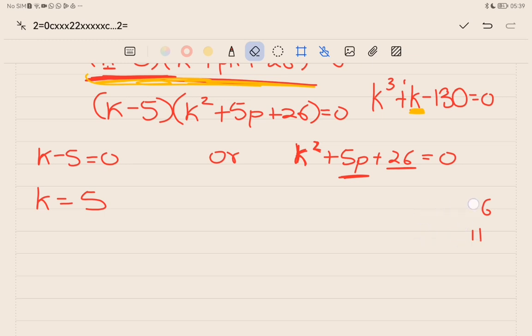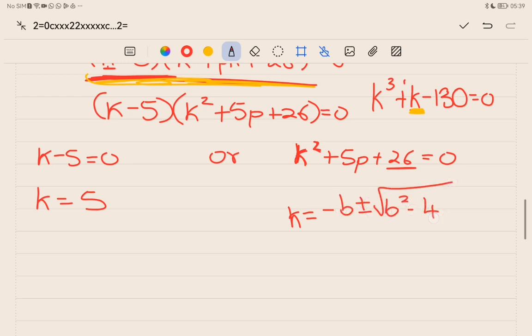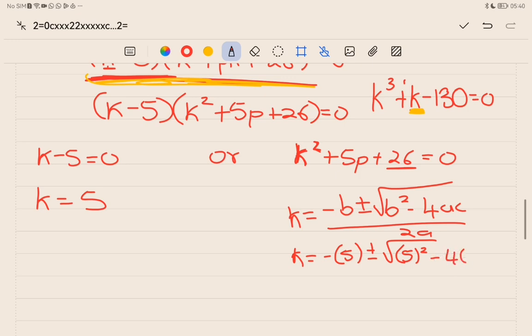But before we conclude, let's try the quadratic formula. So let's say k is equal to negative b plus or minus, then b is 5, a is 1, then c is 26, then punch this on a calculator.